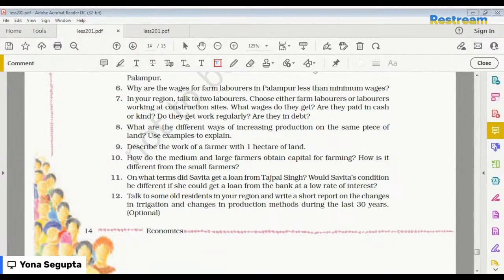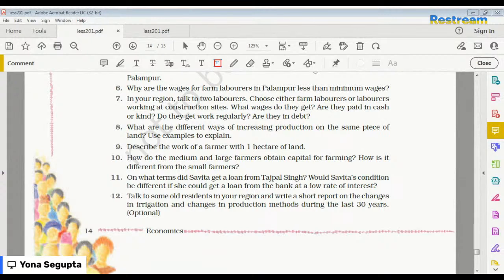The answer for this is very easy. You can say that large and medium farmers sell surplus farm products. Today morning in the session, I've already told you about surplus products. So they sell surplus products from a part of their produce, and a part of the earnings is saved and kept for buying capital for the next season.